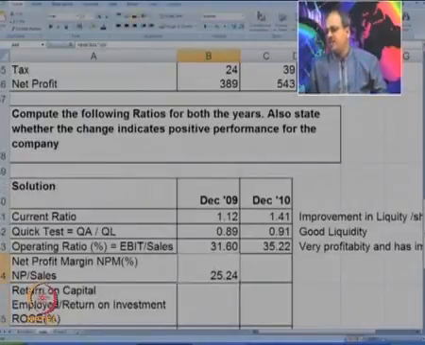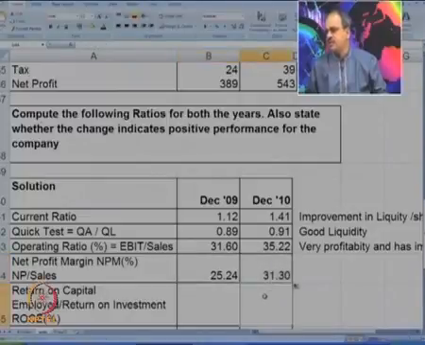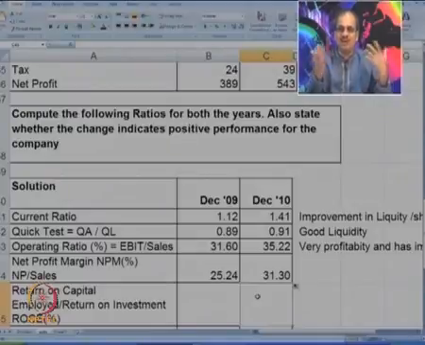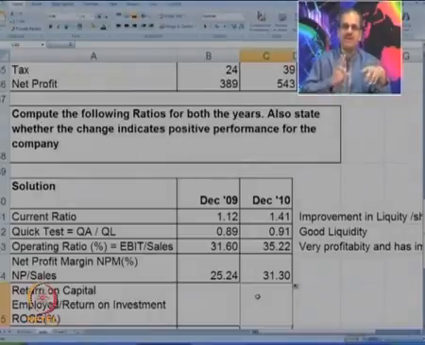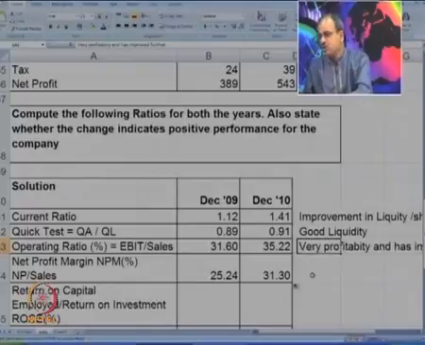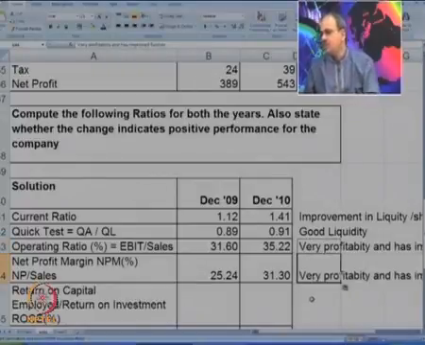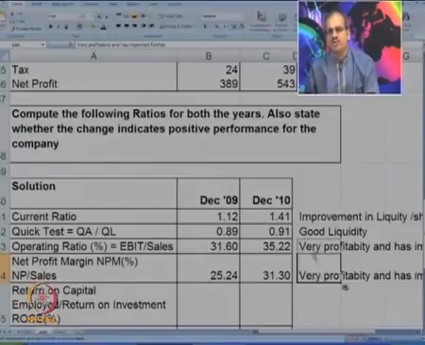So, 25%. Current year there is a significant improvement, it has become 31%. Remember, this is after tax. So, even after paying tax, they are able to earn as high as 25% margin on their sales and further it has improved to 31%. So, same remark will continue: very good profitability position.